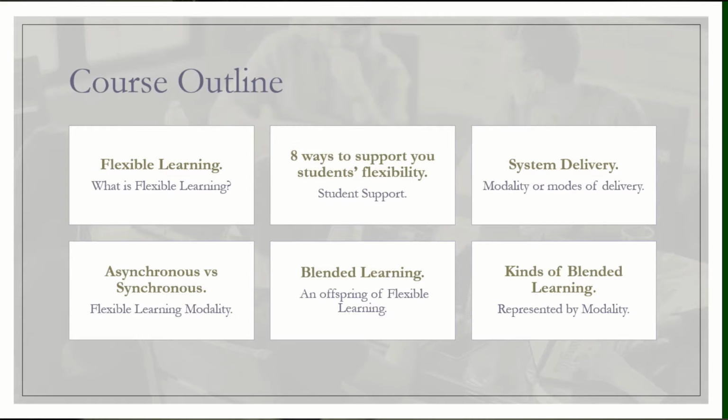Then we will discuss system delivery, that is the modality or modes of delivery, and we will discuss synchronous versus asynchronous in terms of flexible learning modality. Then we will talk about blended learning. So it is an offspring of flexible learning. And the last topic will be the kinds of blended learning represented by each modality.